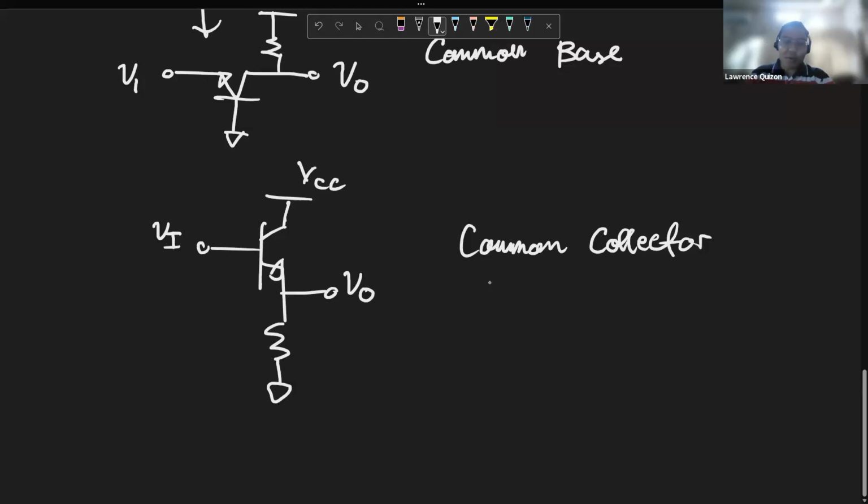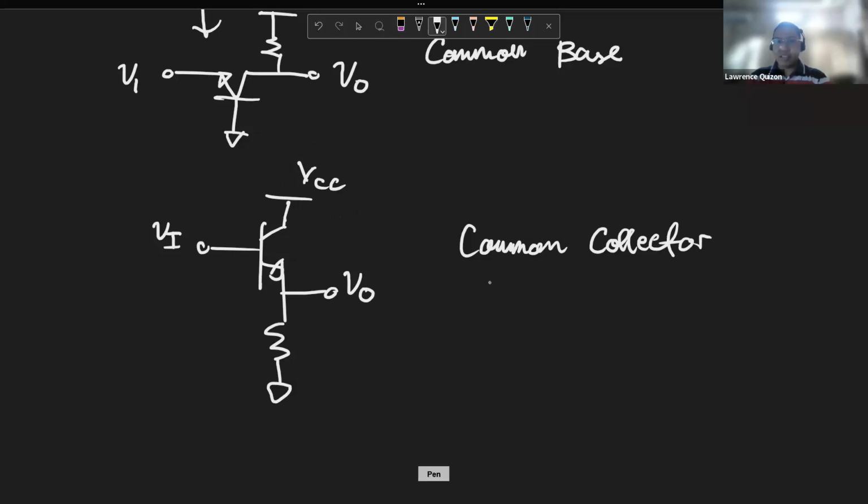Because both of those are considered ground in small signal, right? VCC is a DC voltage, so it has no small signal anything whatsoever. So when we do small signal analysis, which is what the amplifiers are in small signal form, it disappears.